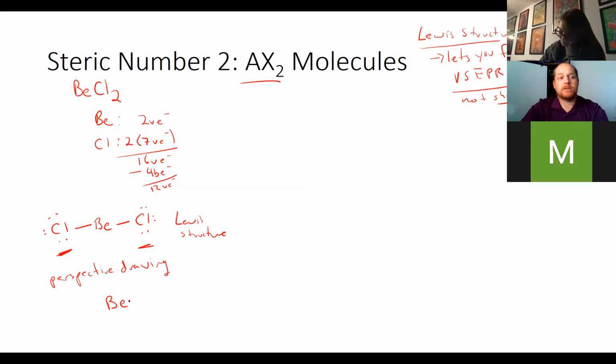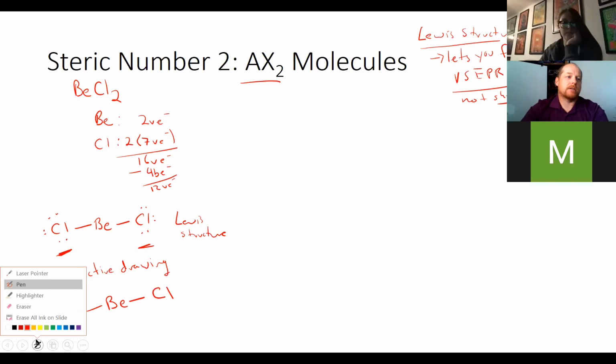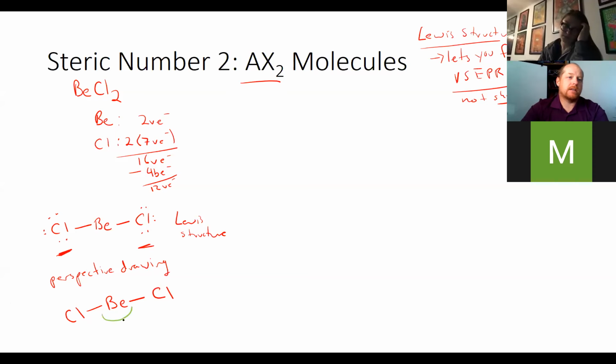Sometimes it's useful to do so, but here we don't really need to, because what we're doing is really just showing how the atoms are oriented with respect to each other. And so one of the things I'm going to pop in here is the angle between those 2 bonds, the beryllium chlorine bond on one side and the beryllium chlorine bond on the other side. That's going to be 180 degrees. And so that is going to have a shape that is linear.